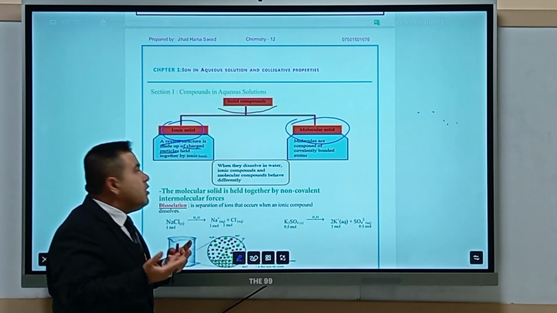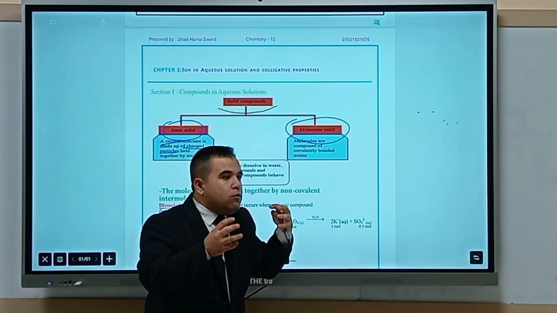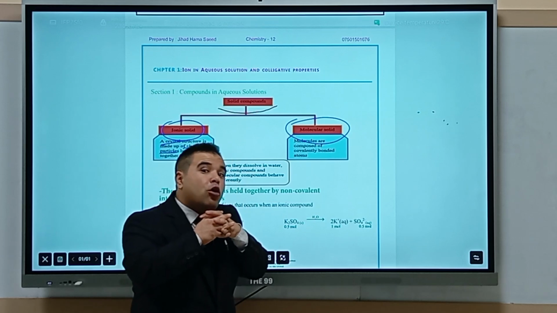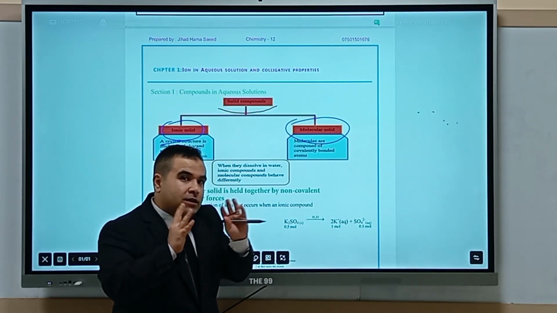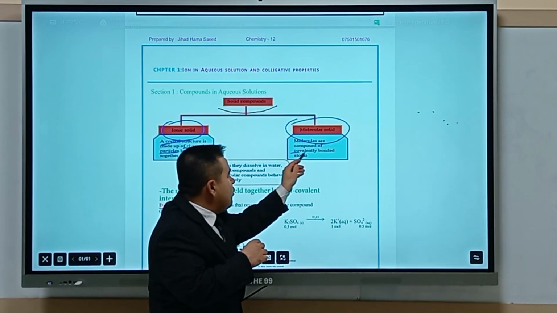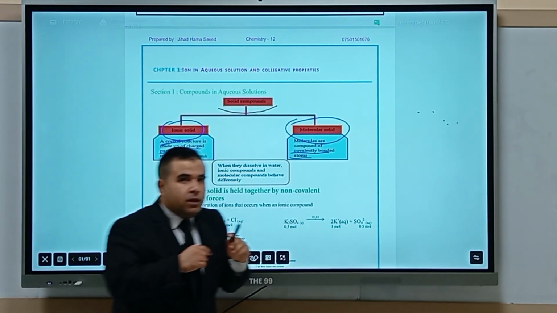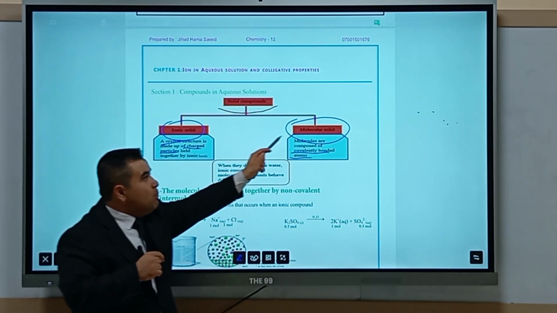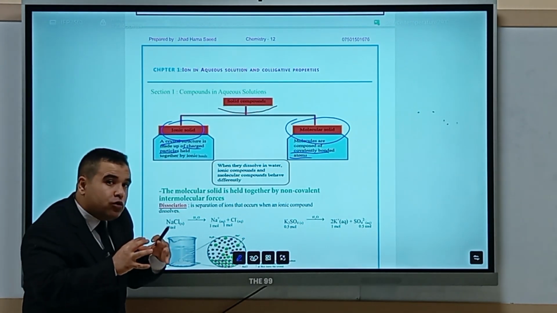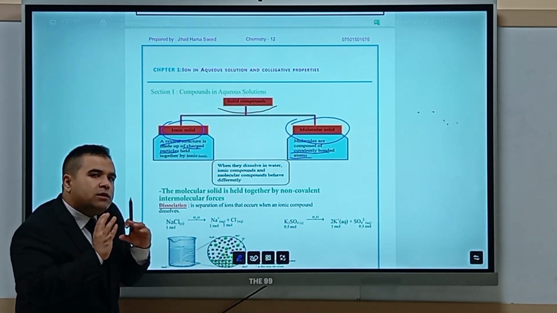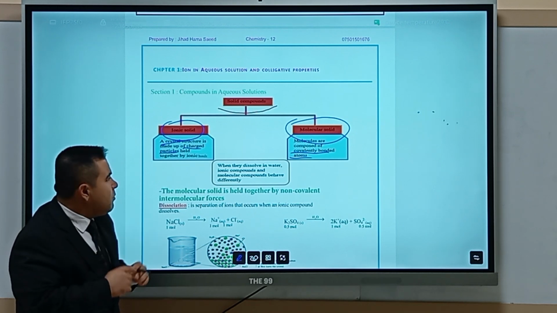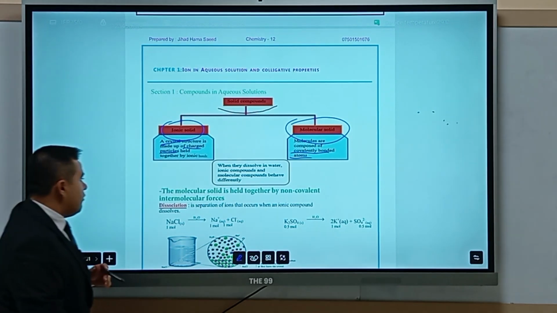Unlike ionic compounds, molecular compounds are composed of covalent bonds, and they are not held together by charged particles. When we add a molecular compound or an ionic compound into an aqueous solution, they undergo different processes. We will be talking about each process in detail.